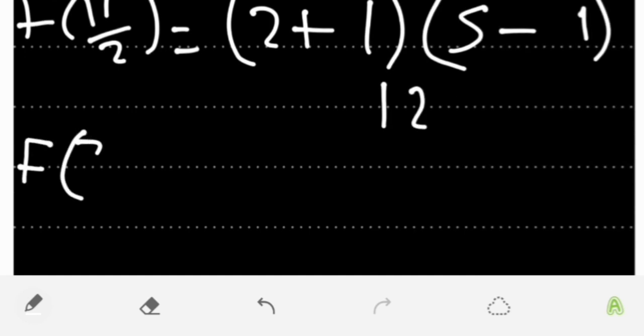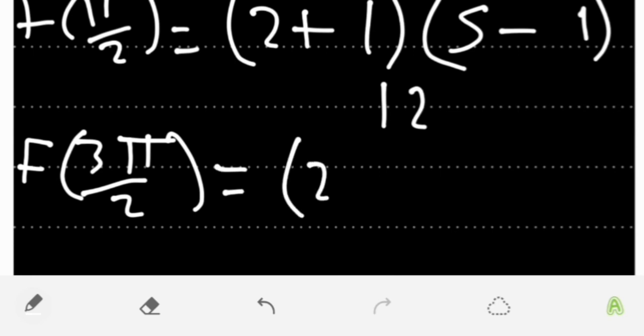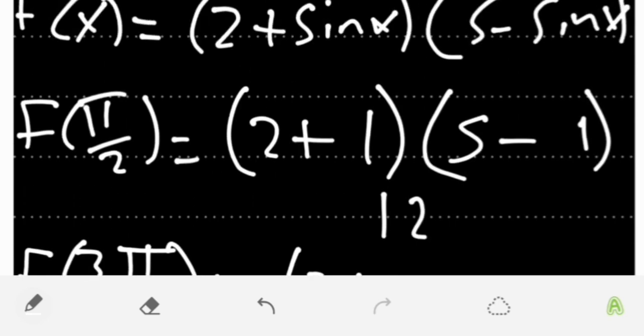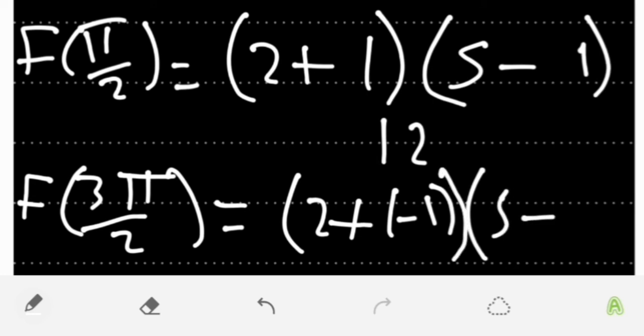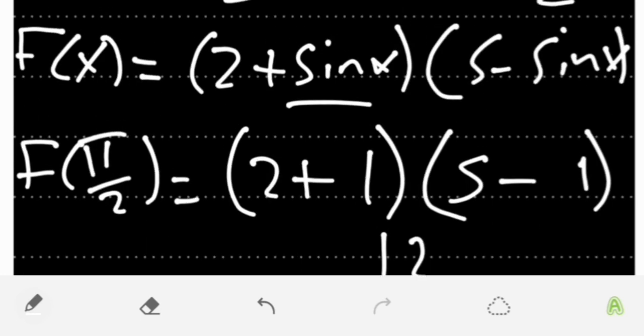Now f(3π/2) is equal to 2 plus sin(3π/2), which is −1. This is all multiplied by 5 minus sin(3π/2), which is −1 over here.